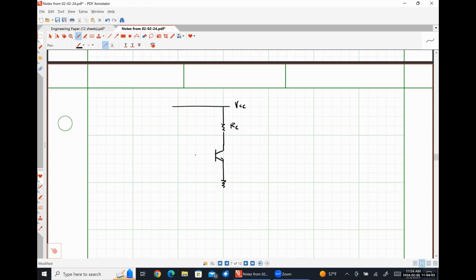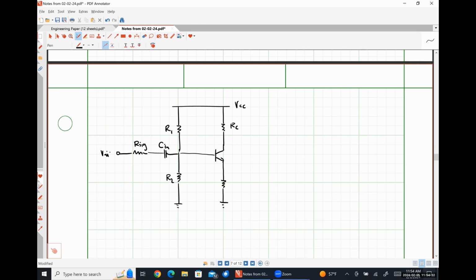That's going to be RE, but I'm going to leave it blank because I'm going to mess with it in a moment. Here's R1. Here's R2. Put ground down here. Here's CN. Here's R sig.